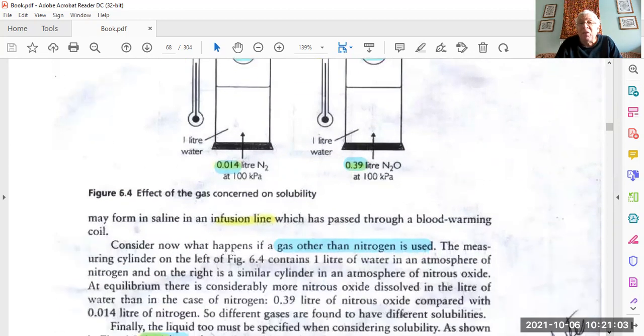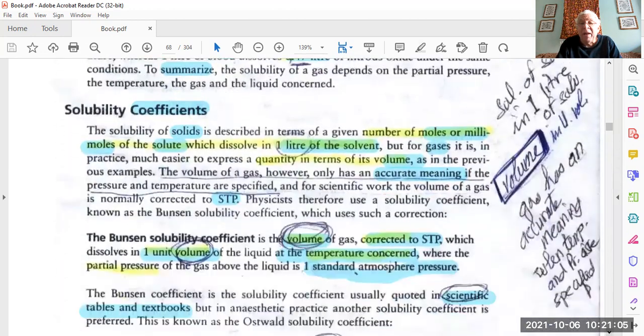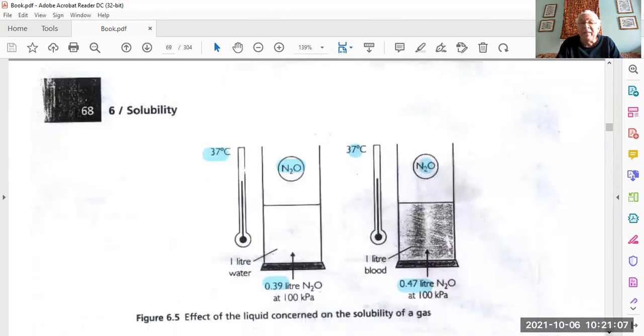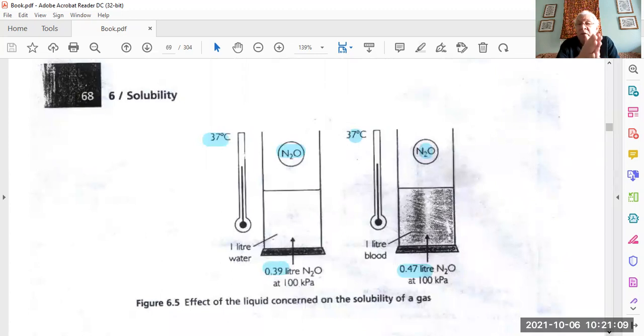The last factor, of course, is the type of liquid. We can see from the figure that we have also two cylinders and the temperature 37. As we mentioned before, repeated from the previous example, we have nitrous oxide, the figure 0.39 liter of nitrous oxide being absorbed in such circumstances.